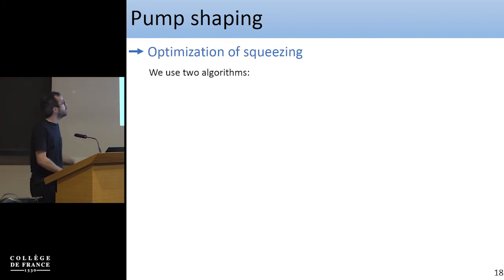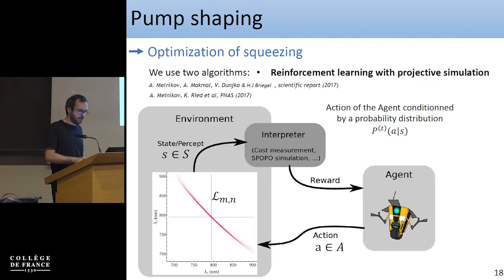So we tried two algorithms. The first one is reinforcement learning with projective measurements. So we have one agent, and we have to train the agent to optimize our state. This agent can do an action on our system.